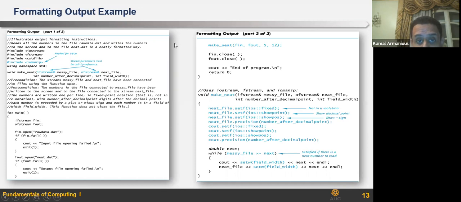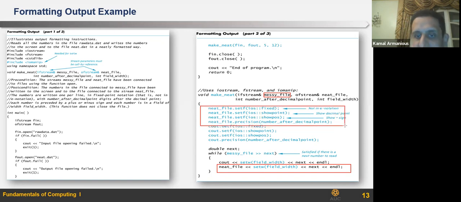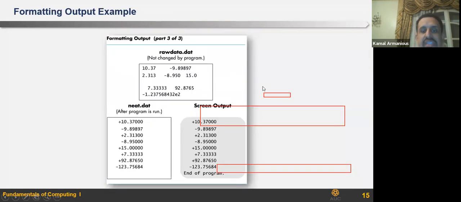And then I am writing to a neat file. I am reading from a messy file and writing to a neat file. How do I write to a neat file? I write via setf عشان الحاجات تيجي تحت بعضها.